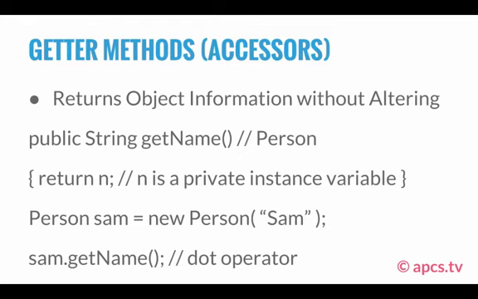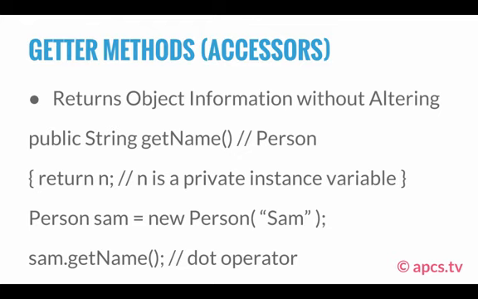So we're using the person constructor, and in this case it's the person constructor that takes in a string parameter, and we give an argument of "Sam". So that's the string we're getting. And as we can probably tell, the person constructor that takes in a string parameter would probably set that string parameter as the value of n that represents the name of the person.